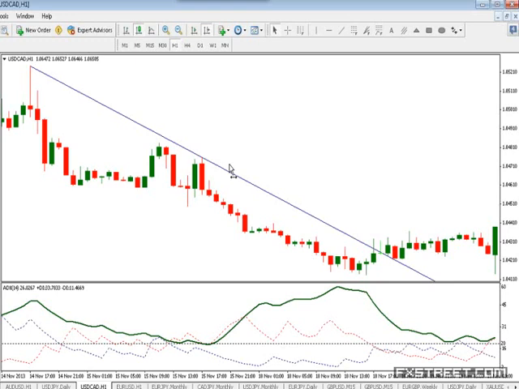This gives you a heads up, a warning, that if your DMI blue line is moving down and your red DMI line has started moving up, there's something wrong over here. And what happens is price comes here and you have this. So ideally what you should look for is your ADX starting to move above the DMI lines.